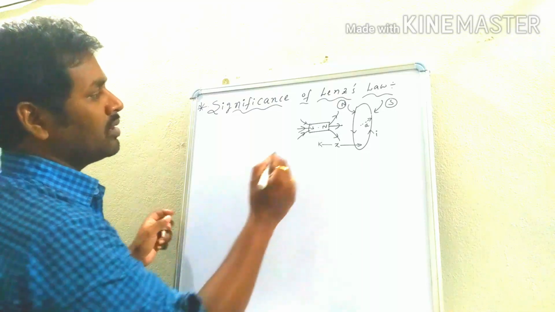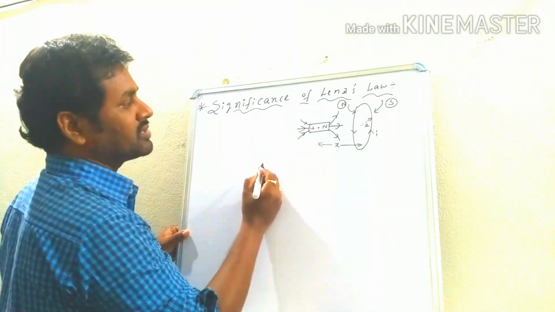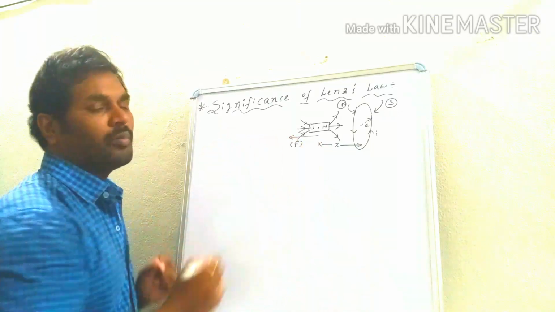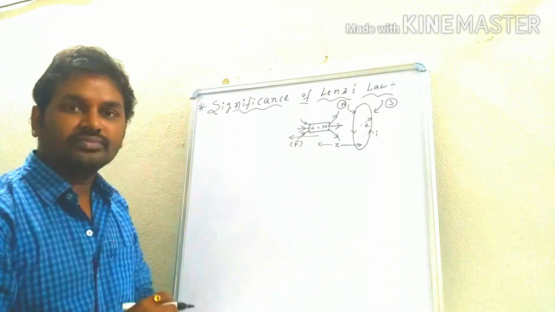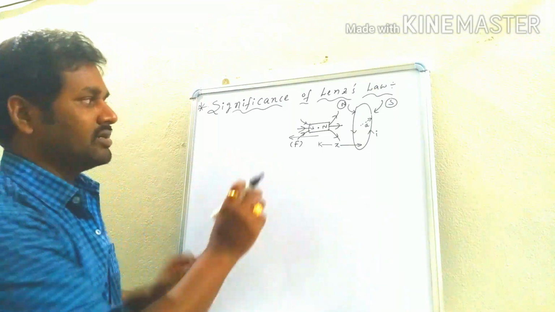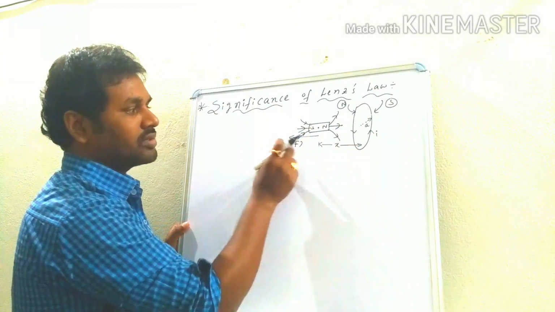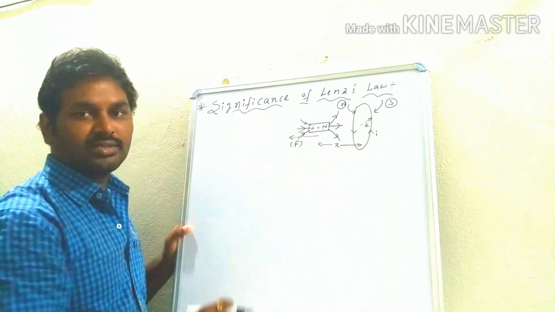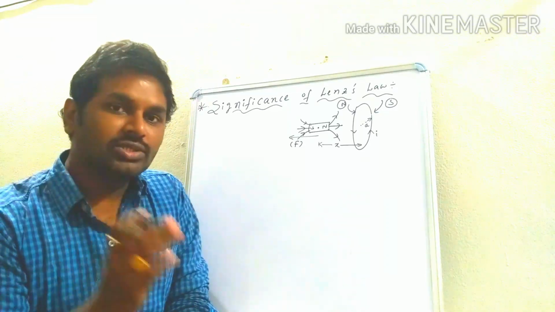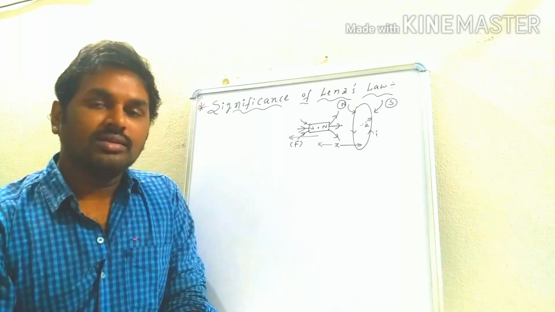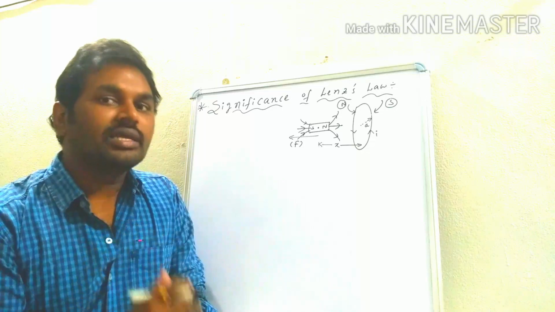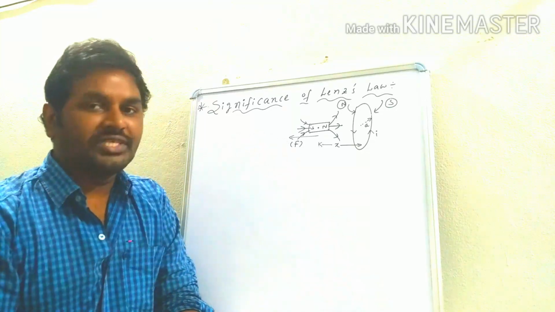We can draw, about the center of mass, some force acting in the opposite direction in this way. But we need to move the magnet towards the coil, opposite to this opposition force, which means we need to apply some external force in the opposite direction to this opposition force.